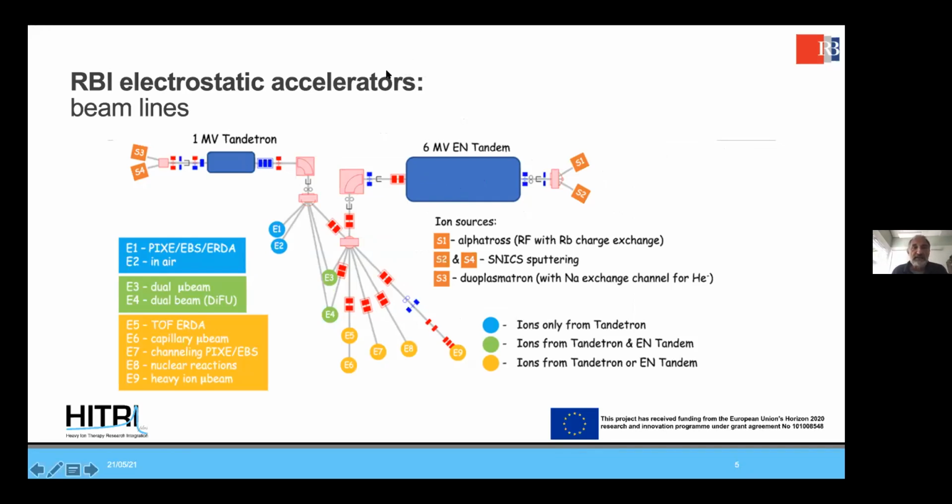So we can then use different techniques. Each of these end stations has different capabilities, which I will try to briefly explain later.